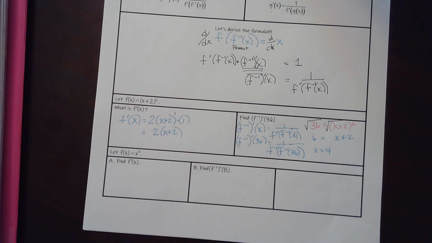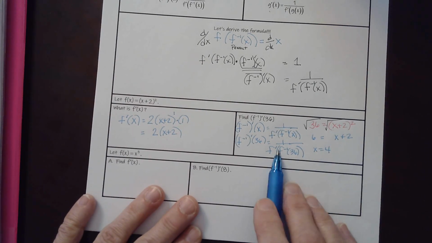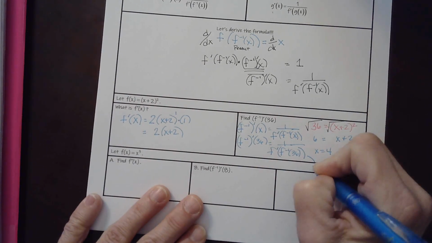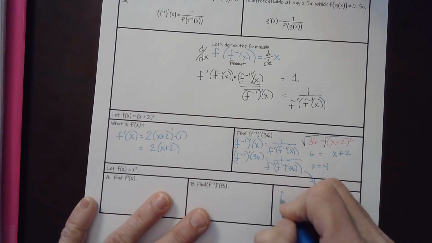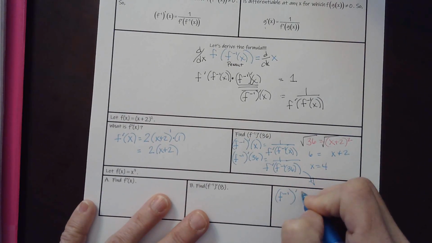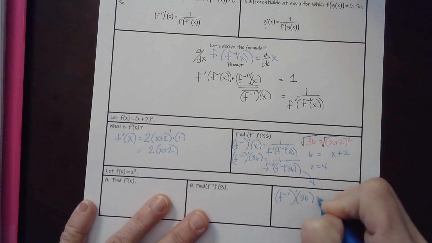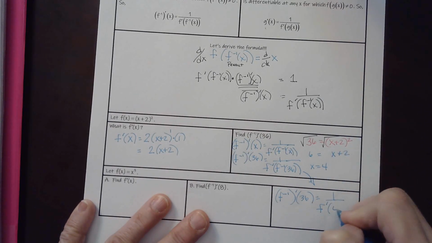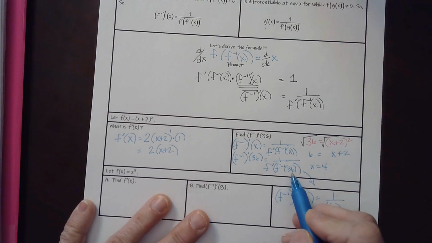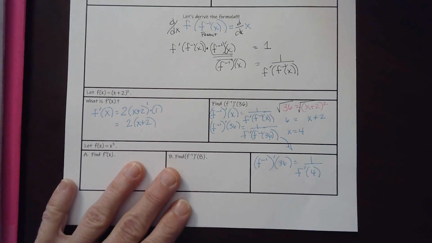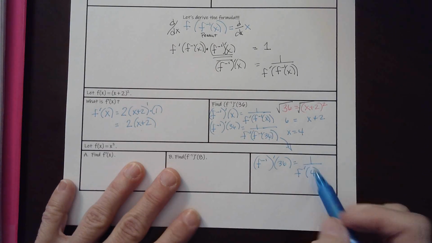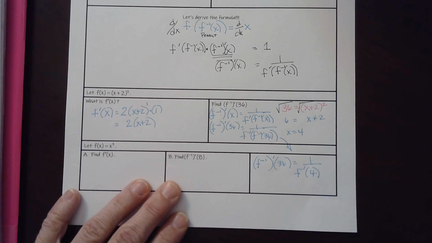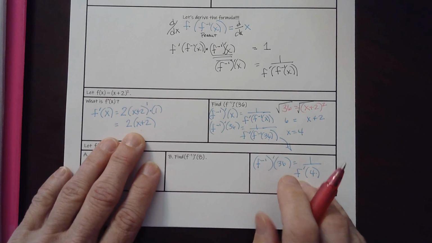So let's see where this is taking me. What I have now is f inverse prime of 36 equals 1 over f prime of 4. I found f inverse of 36 to be 4.